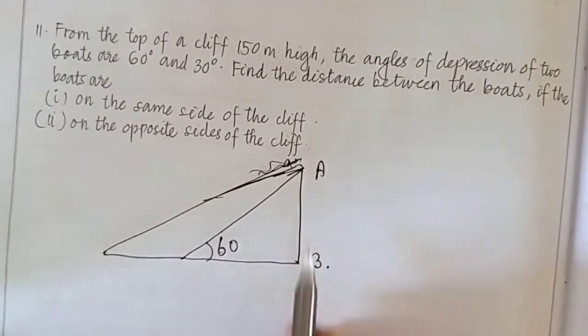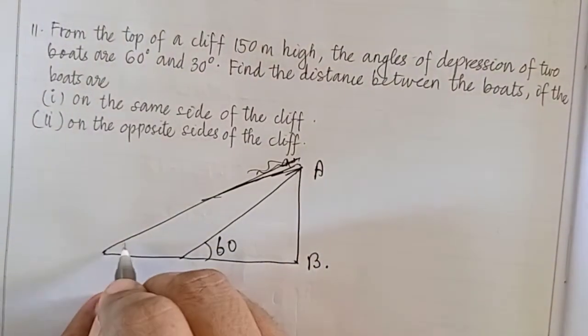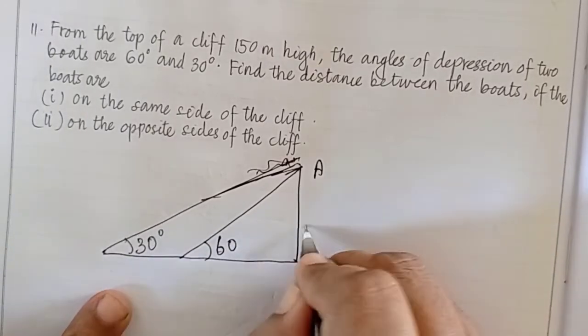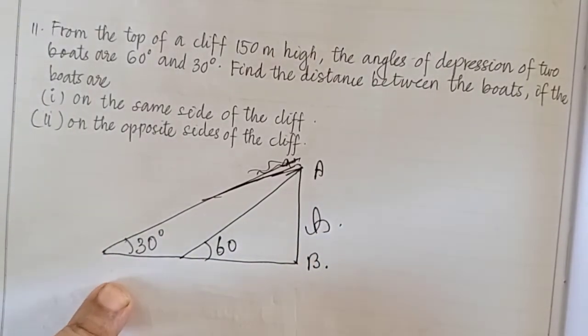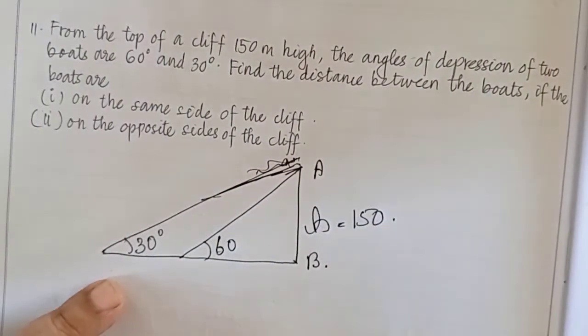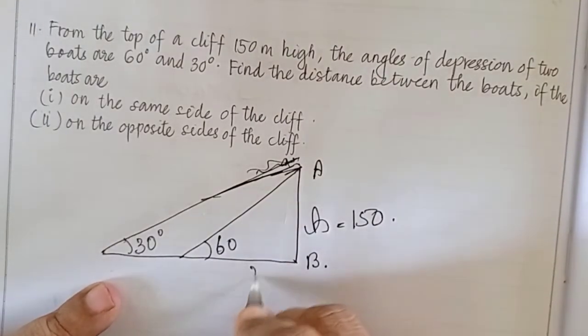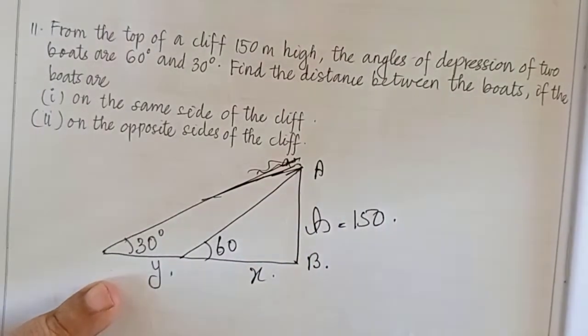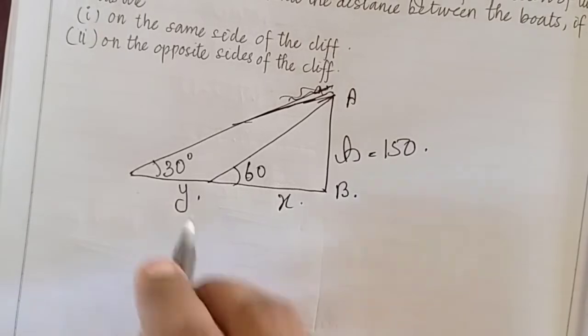Draw using the scale, draw the figure. That is 30. This is H. H is the cliff, that is given 150. Okay, you can mark this as X and this as Y. Start.